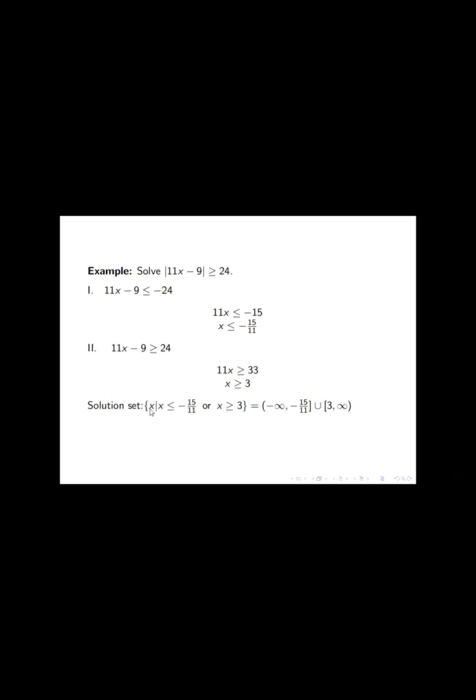Using set notation, the set of all x such that x is less than or equal to negative 15 over 11, or x is greater than or equal to 3. In interval notation, you have a union of two intervals: negative infinity to negative 15 over 11 closed, union 3 closed to positive infinity. Any question?